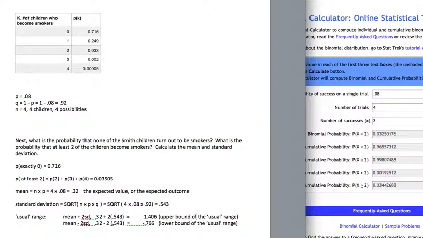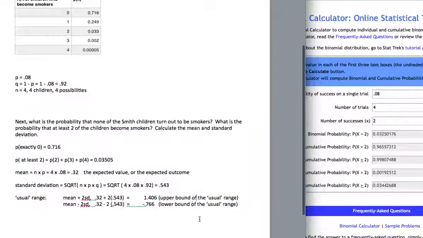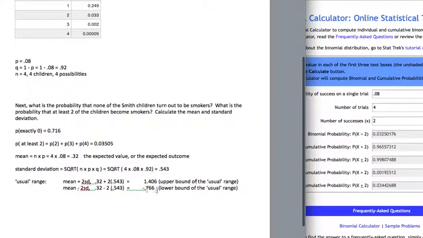What is this saying again? Using the mean and standard deviation, we could say we're approximately 95% confident. In other words, we would expect values to fall between negative 0.766 and 1.406.